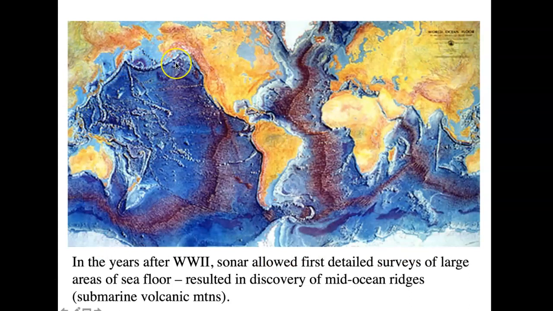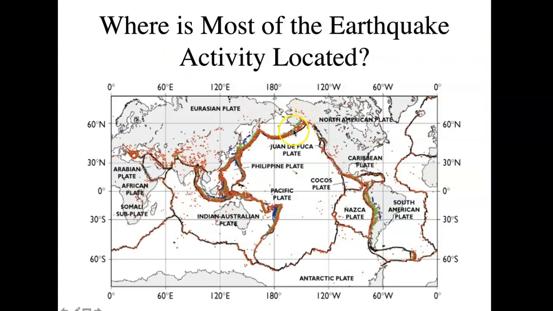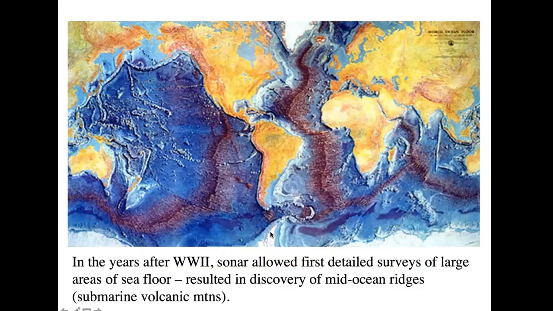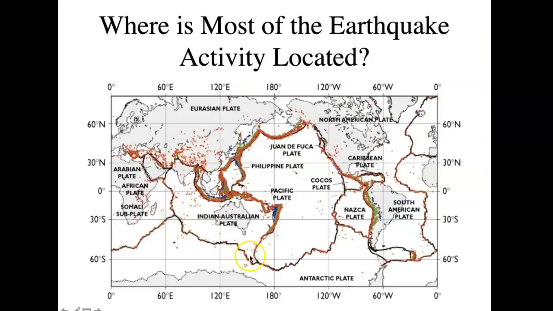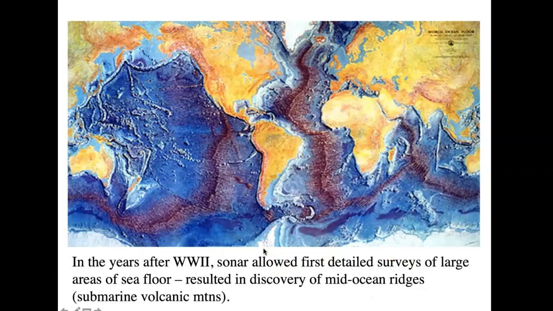If we look at that, it seems to correlate with a lot of the earthquake activity. So areas where we see these deep trenches, and areas where we find these ridges, we happen to see a lot of earthquake activity.